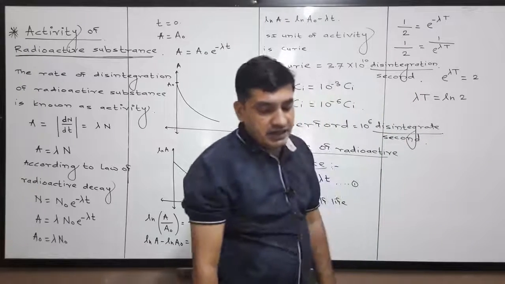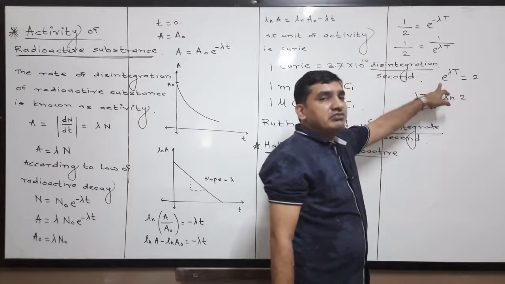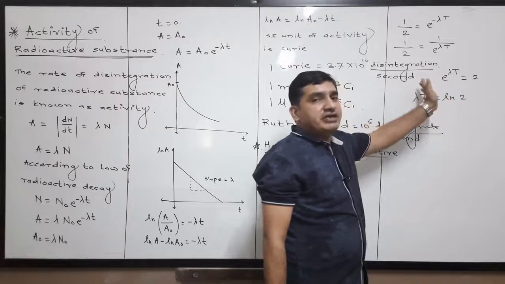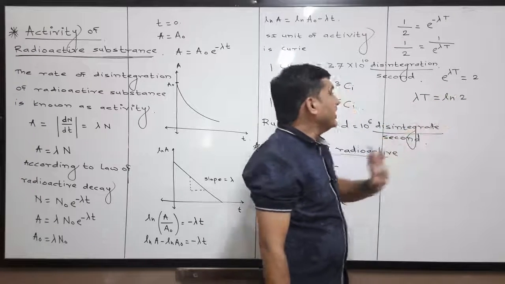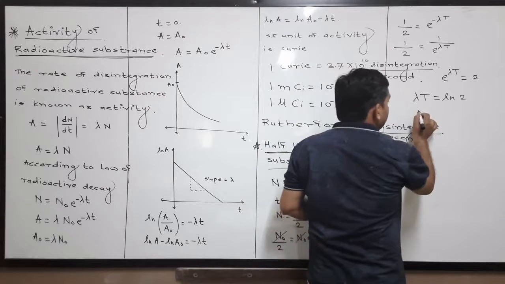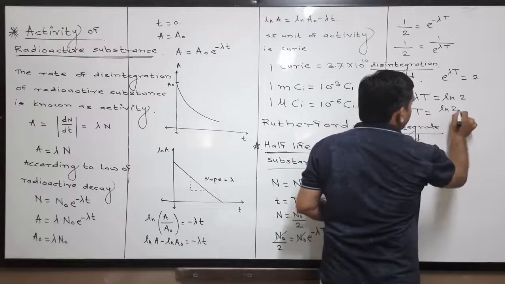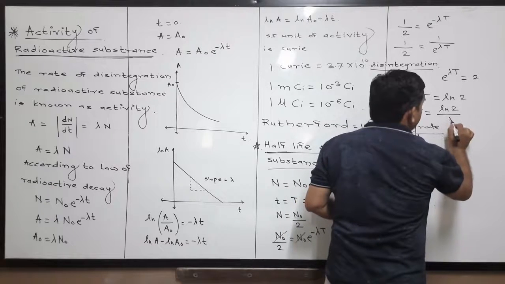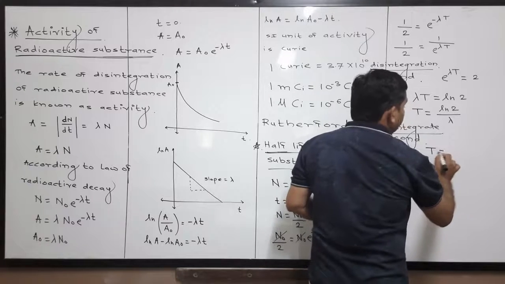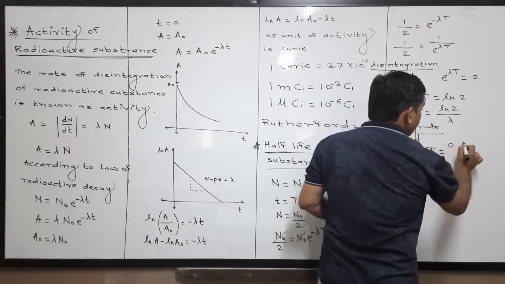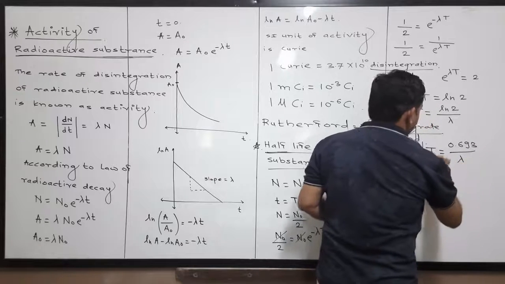The exponential term goes from the left side to the right side and becomes ln. Therefore T equals ln of 2 divided by lambda, so the half life T equals 0.693 divided by lambda.